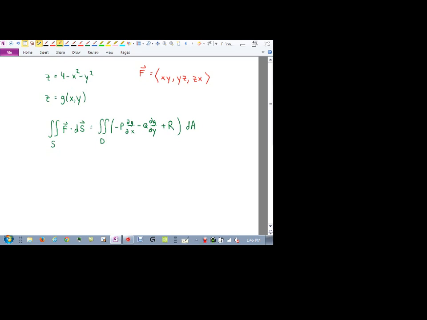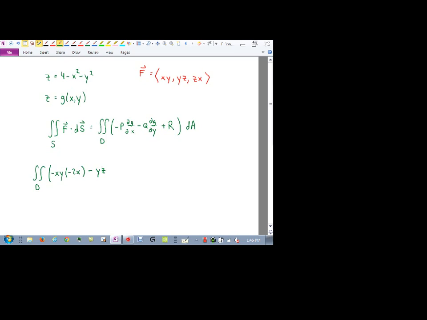All right, what is P? P is xy. What is the partial of g with respect to x? I forgot my negative sign out there. Negative 2x. Okay, and then minus what's Q? yz.